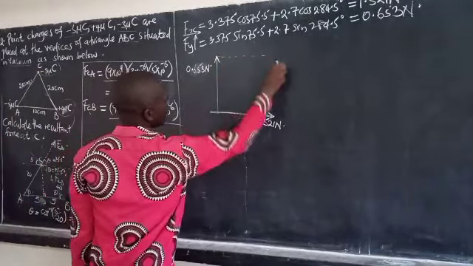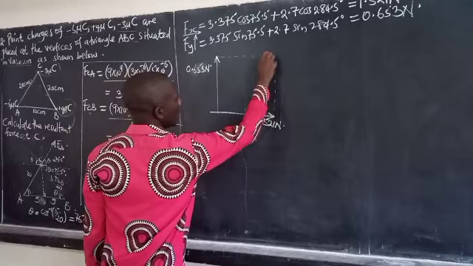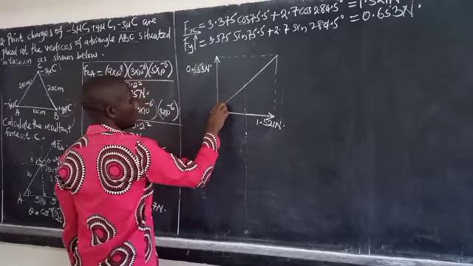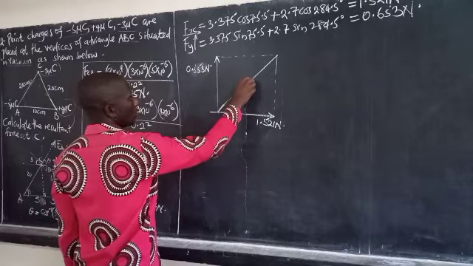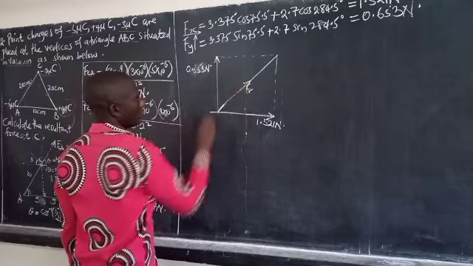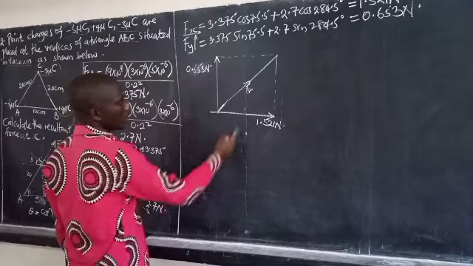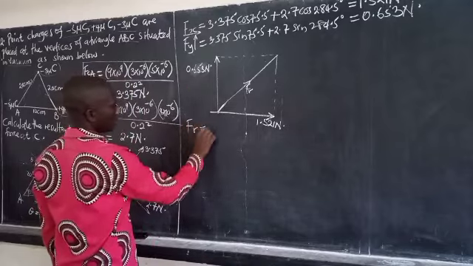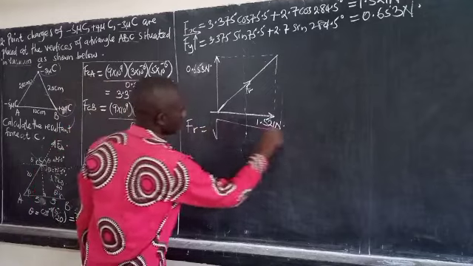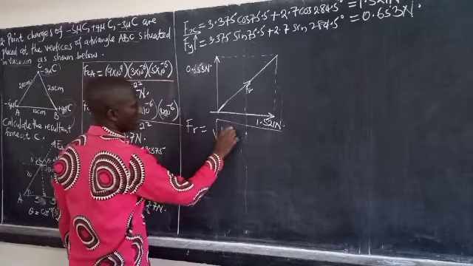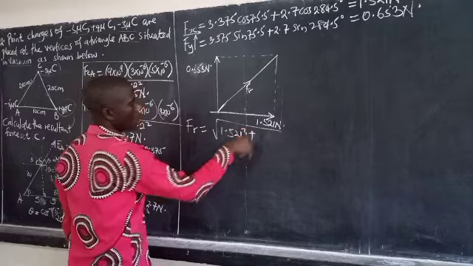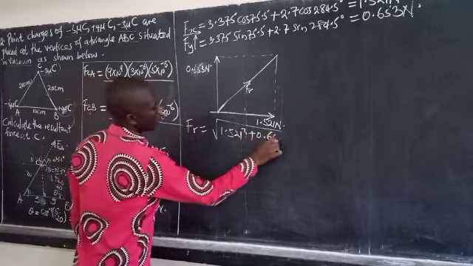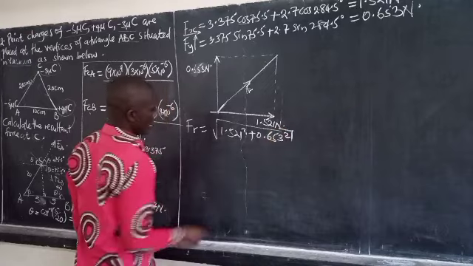We have seen that one before. You don't struggle. That is the F resultant, where this is this, then this one is here. So the F resultant is the square root of 1.521 squared plus 0.653 squared.